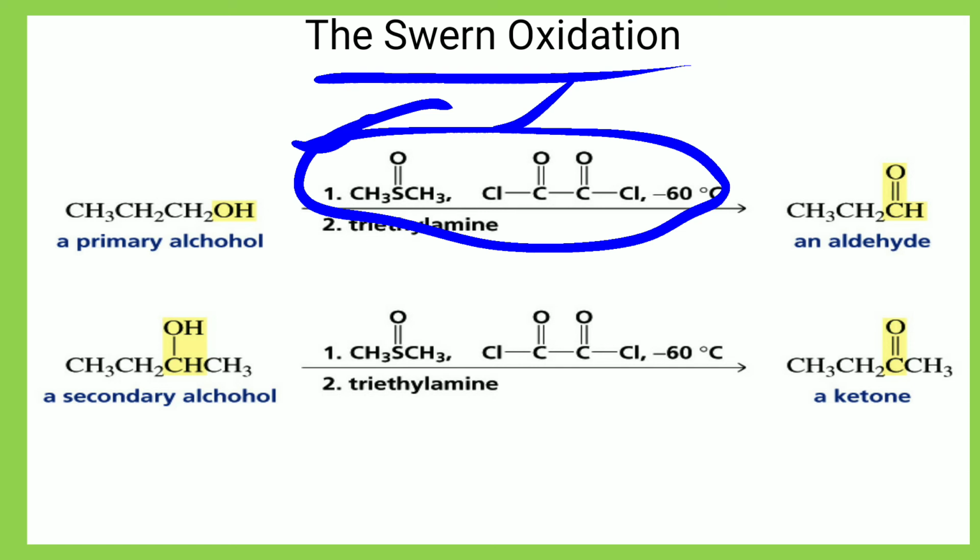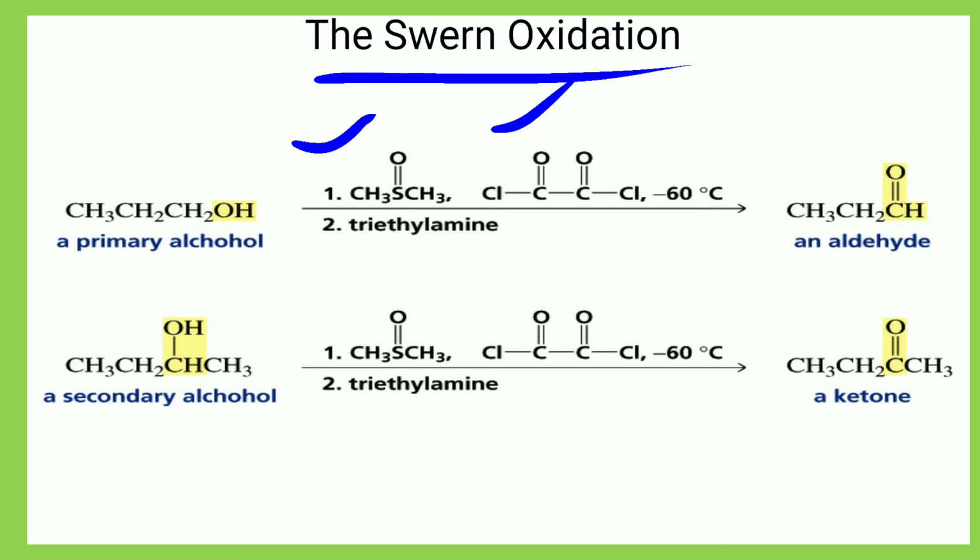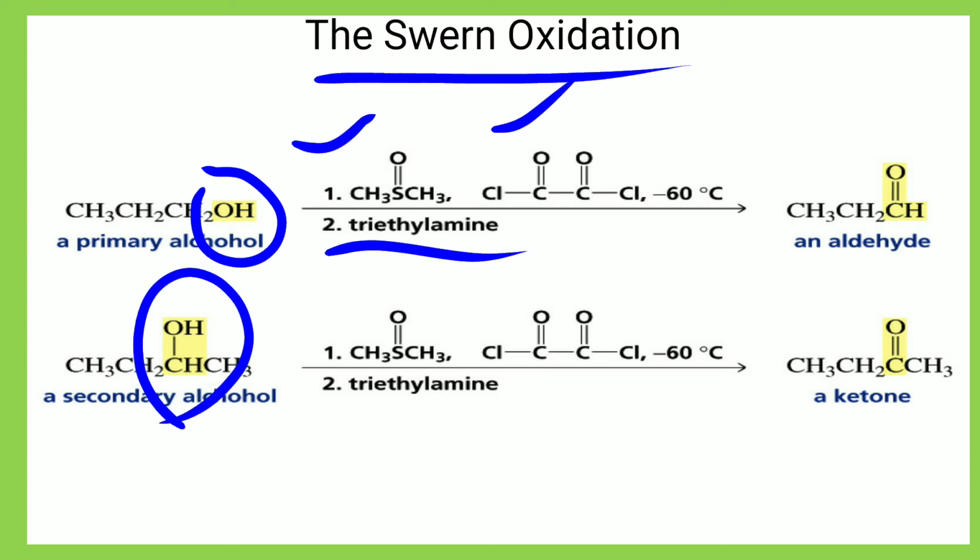In the presence of triethylamine, the primary alcohol gets converted to the aldehyde, and the secondary alcohol gets converted to the ketone. That means this oxidation is mostly useful for the conversion of primary or secondary alcohol into only the aldehyde or the ketone.